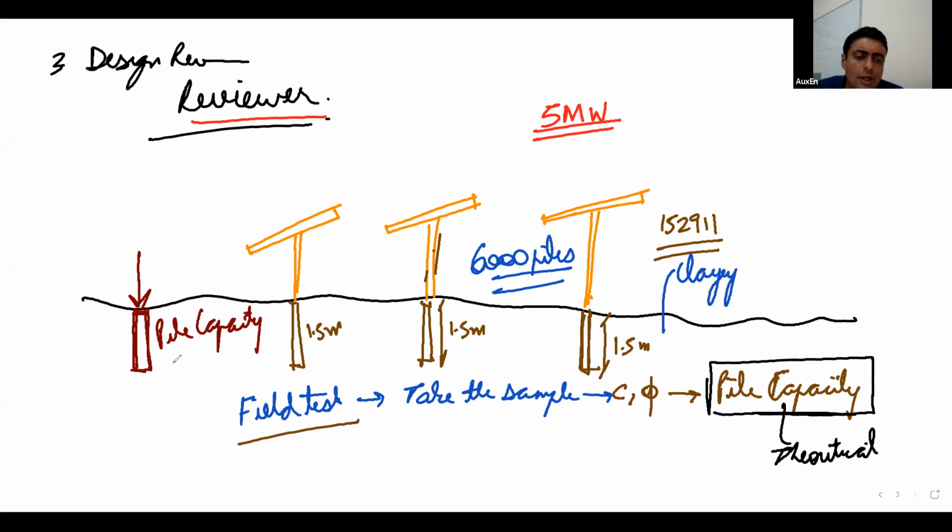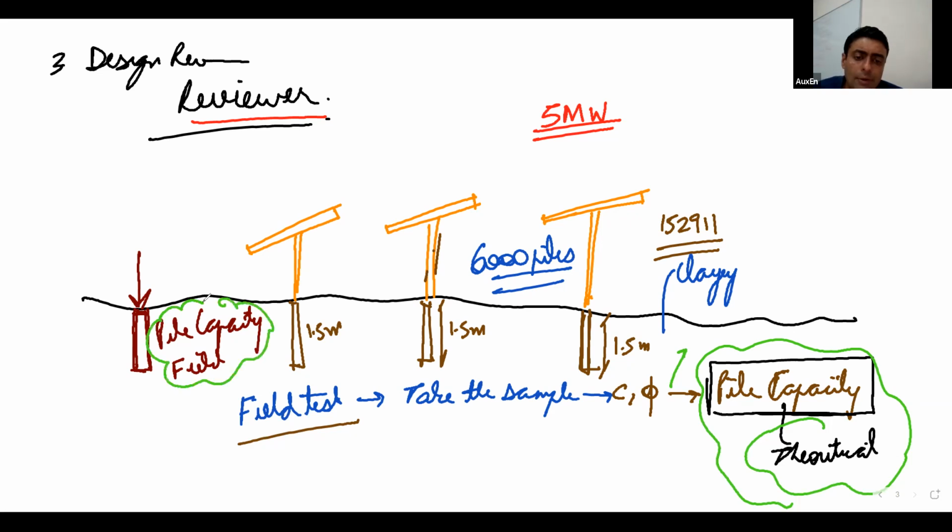So this we can call the field pile capacity. Okay, and then they will compare these two values. Which two values? One was the theoretical pile capacity, which you got from some static formula. They will compare this with the field pile capacity value.